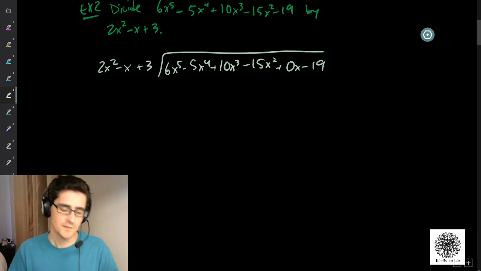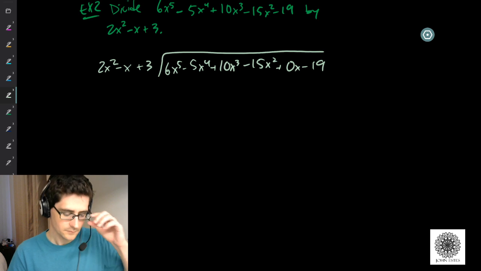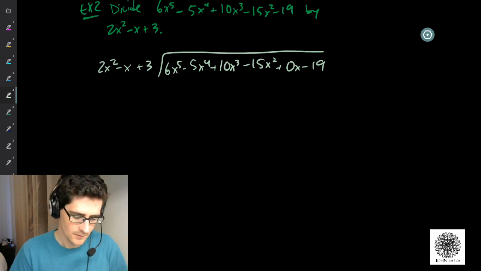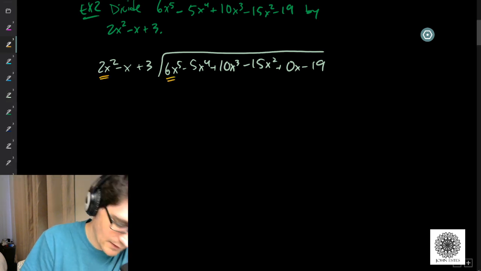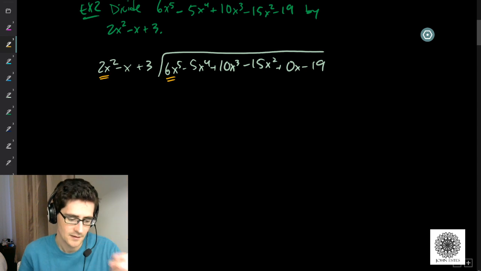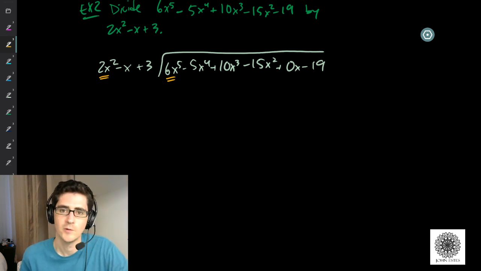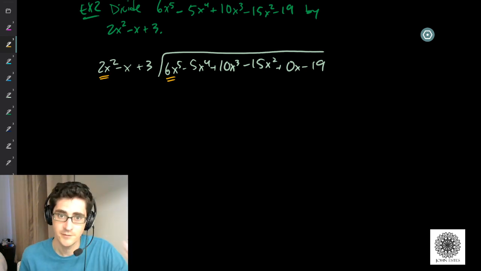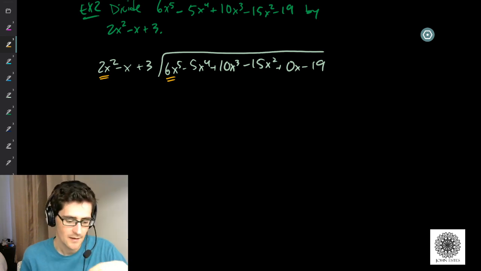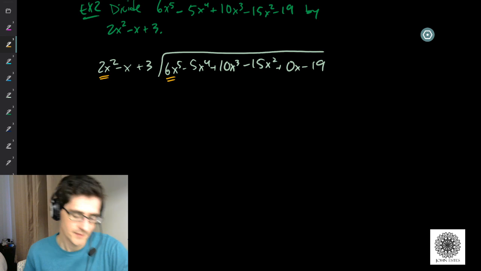Again, what's the first thing we need to do? We need to figure out what times, what am I looking at? I'm looking at the 2x squared and the 6x to the 5th. And I'm saying, what times 2x squared gives me 6x to the 5th? Well, I know 2 times 3 is 6, so that part's taken care of. X squared times what is x to the 5th?